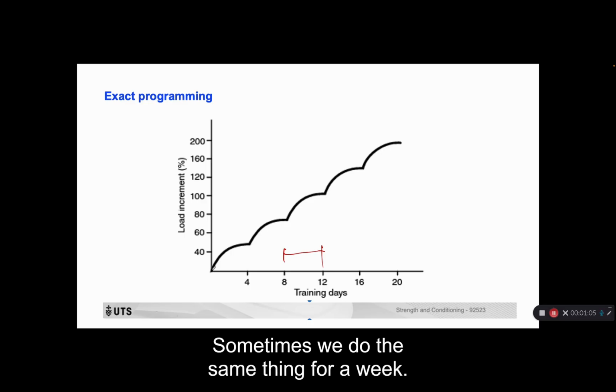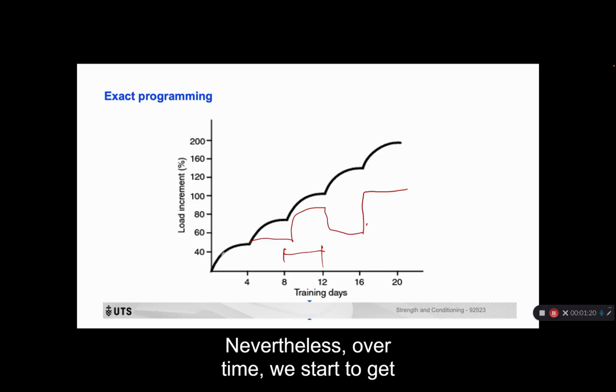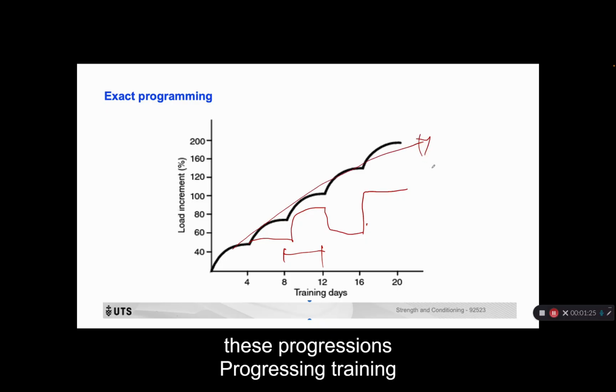Sometimes we do the same thing for a week. Other weeks we can increase. Other weeks we might have to go back because we're a little bit tired. The next week we might be able to do a little bit more. But nevertheless, over time we start to get these progressions.